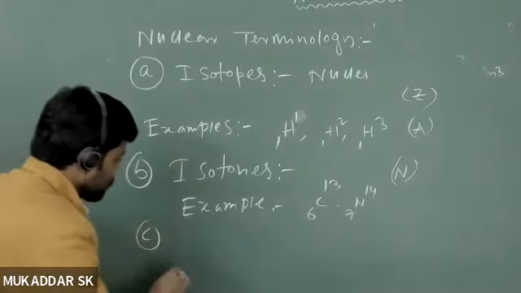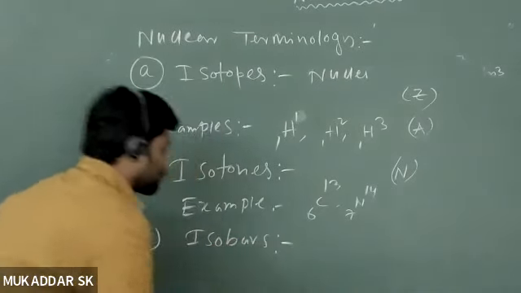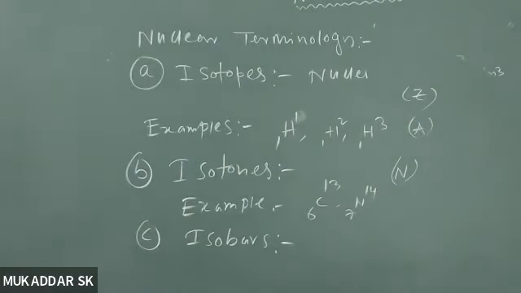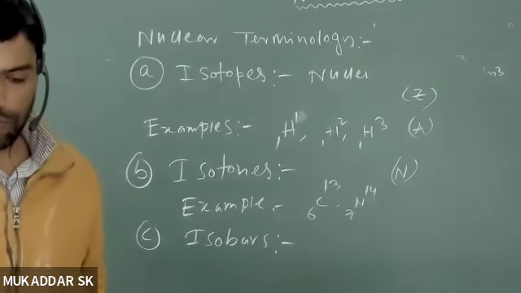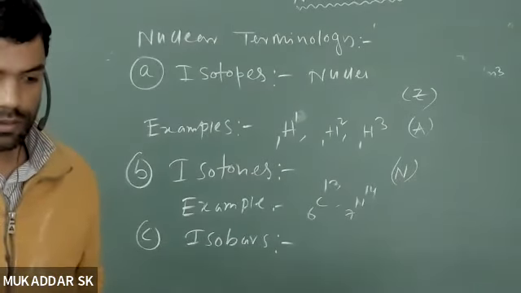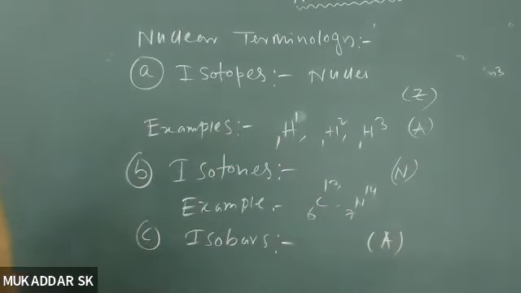Then you have isobars. Nuclei with same mass number, bracket A. Nuclei with same mass number but different atomic number are called isobars.